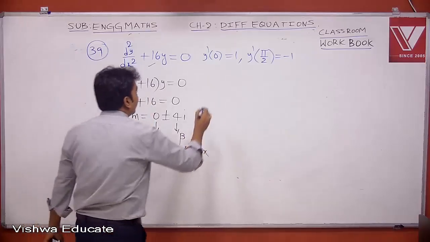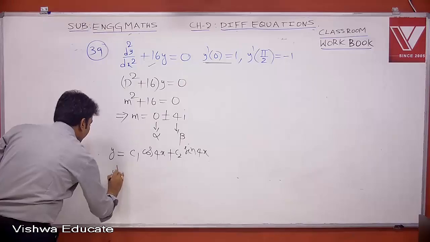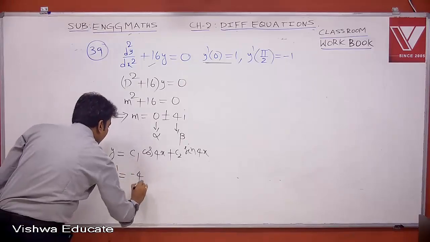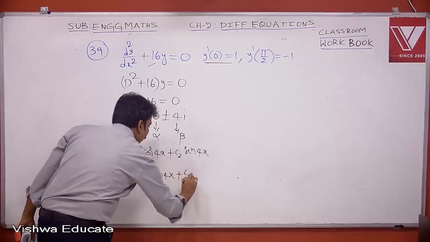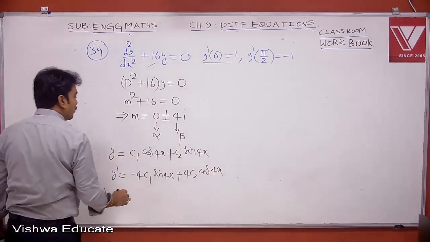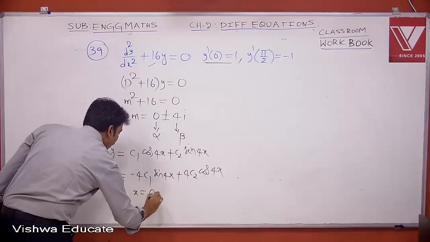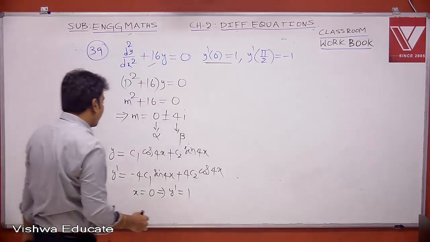The first boundary condition is y dash of 0 equal to 1. Now let us find the derivative of this. The derivative is minus 4c1 into sin 4x plus 4c2 into cos 4x. So what is the first boundary condition? When x is 0, y dash equal to 1. Let us apply this.